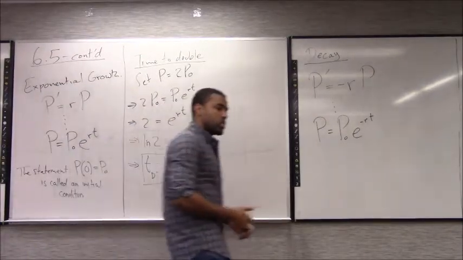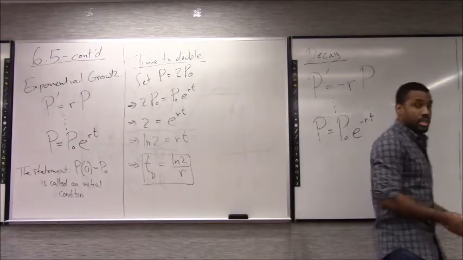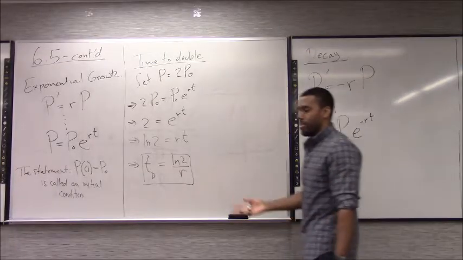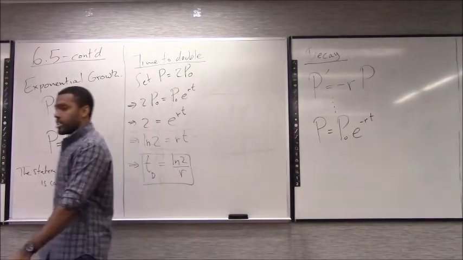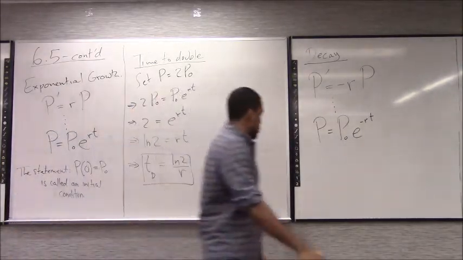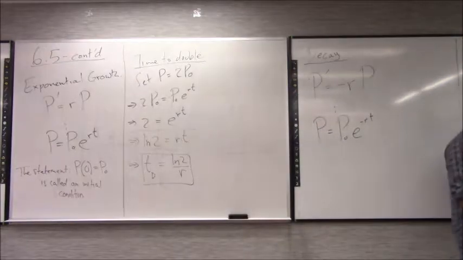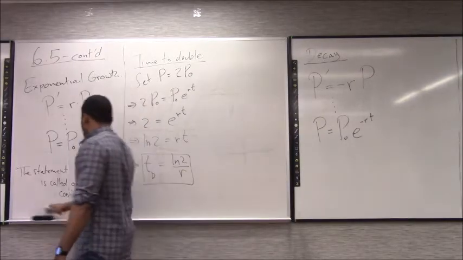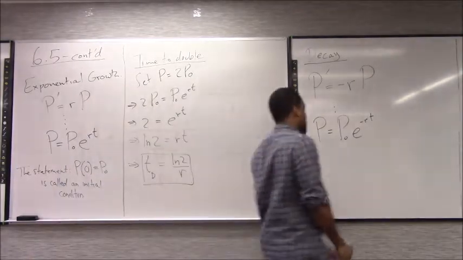And because this is decreasing, something that is often asked, again, is kind of the inverse of doubling. How long will it take to have half of what you started with? This is called the half-life. This shows up a lot in, for example, chemistry. It often describes how something decays in terms of its half-life.